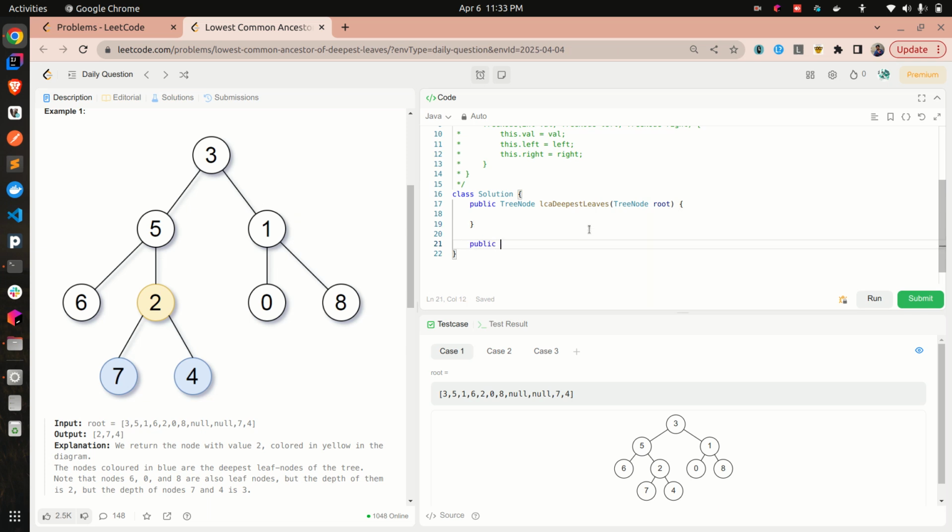We need a utility function which will basically tell me what is the lowest common ancestor and what is the maximum depth of its leaf nodes. So let's say lowest common ancestor, it's going to return two things. First I will be starting at a root node and I will recursively call on my left subtree and my right subtree.